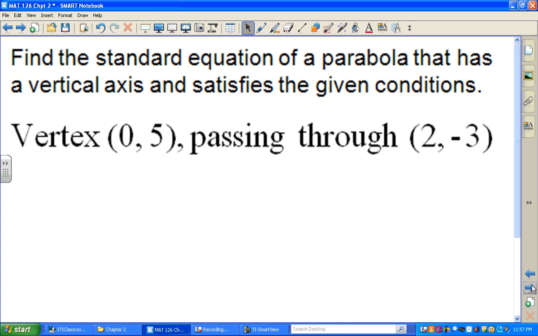Find the standard equation of a parabola that has a vertical axis that satisfies the given conditions. What the heck does that mean? Quadratics have an axis of symmetry. And what type of line is that axis of symmetry? Vertical. A parabola, don't forget, could also be sideways.